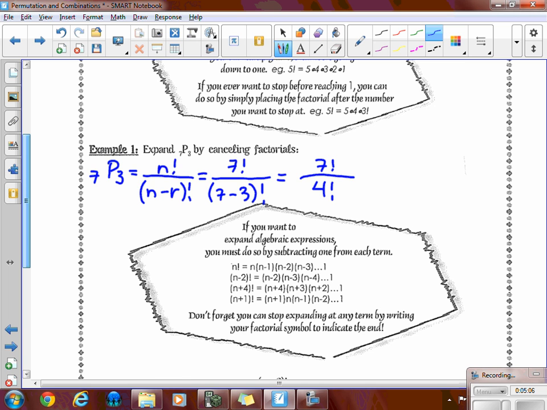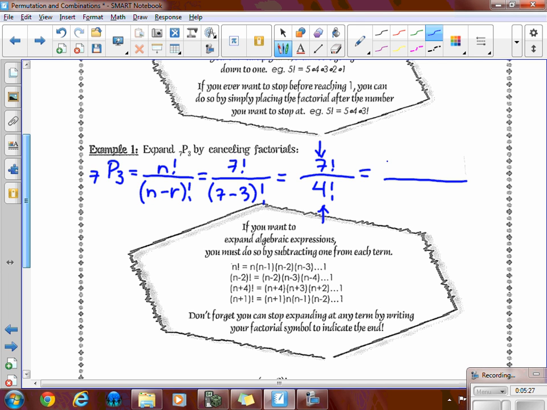We can use the same idea we just used in the last page to calculate these numbers, but it says calculate by canceling factorials, which actually makes it a little easier. Start with the larger factorial. So in this case, the numerator has a 7 in there. Start with that and start counting down until you reach the 4 factorial.